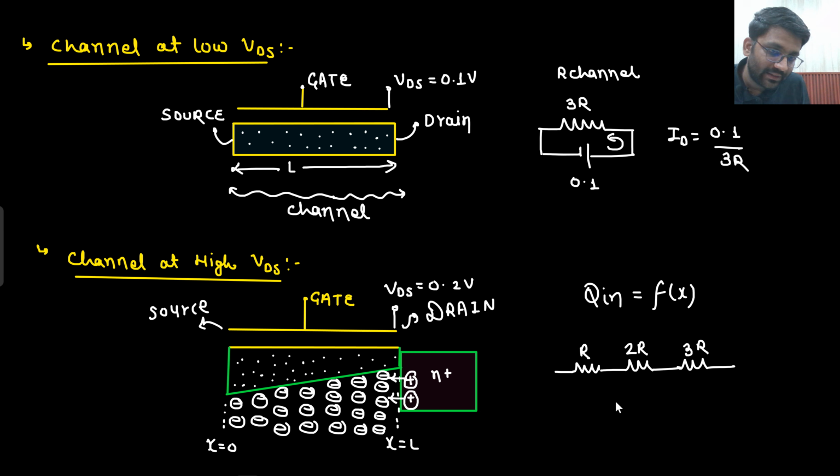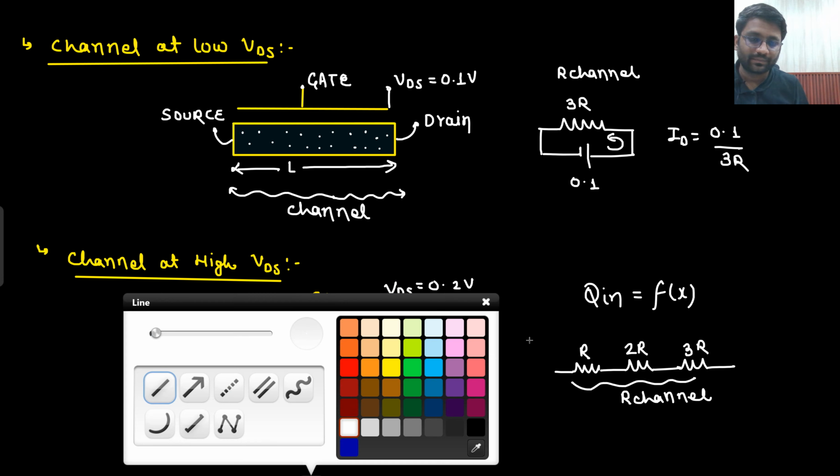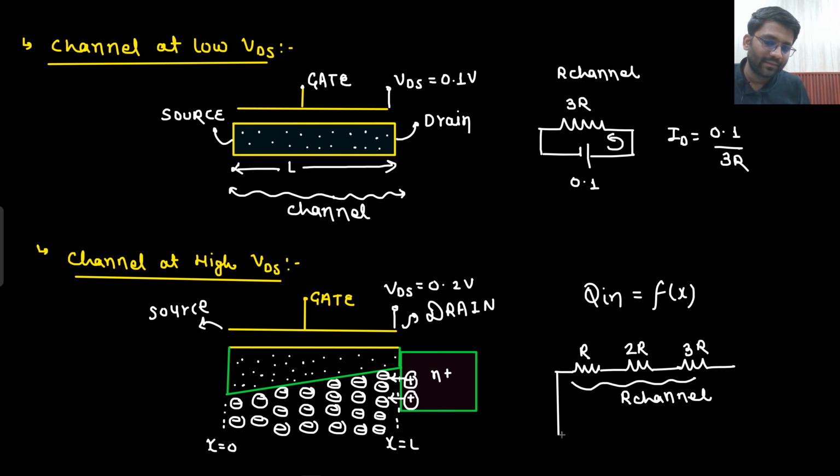So now, sir, this is my R channel. Here 0.1 by 3R you are getting, here 0.3 by 6R we are getting.